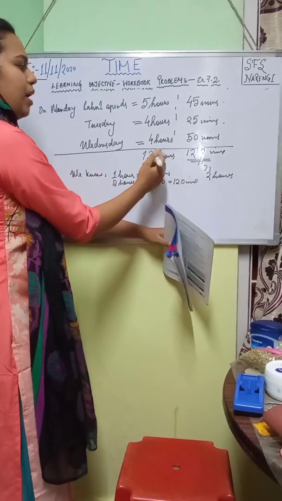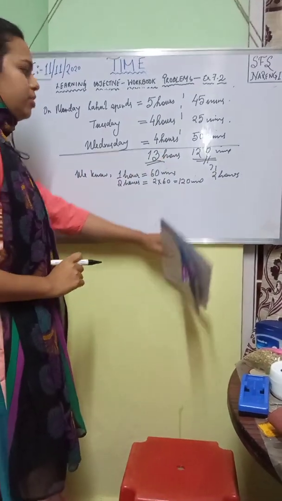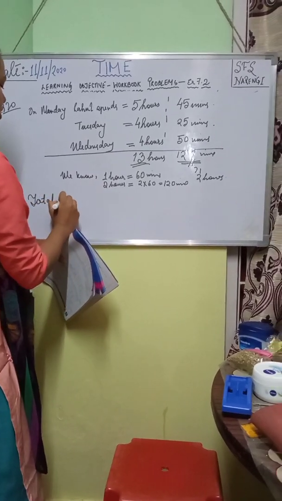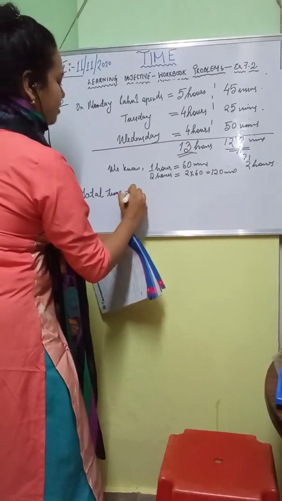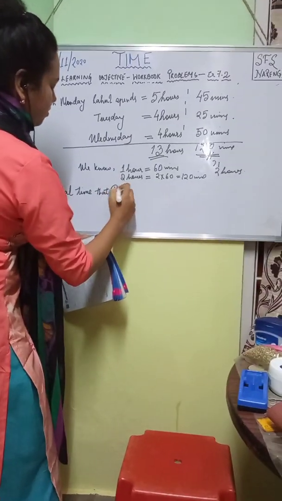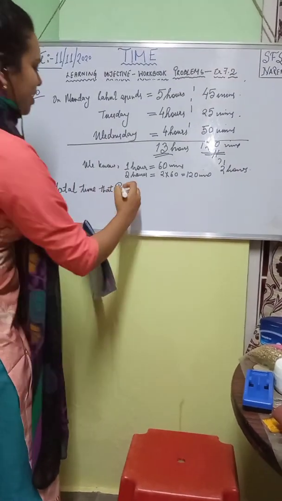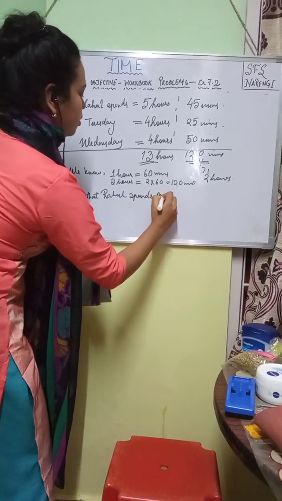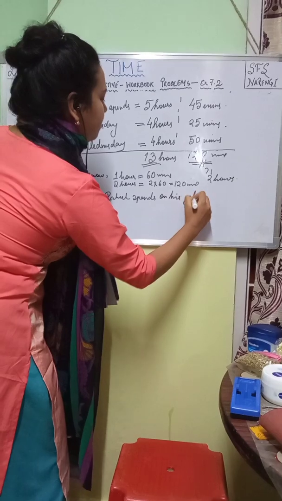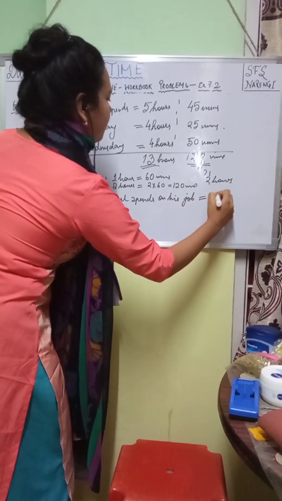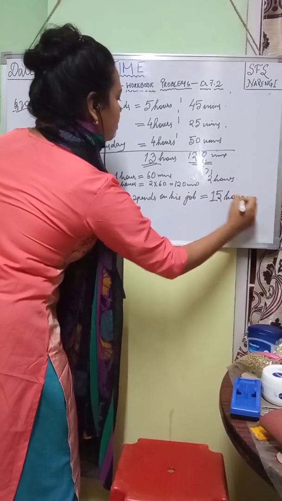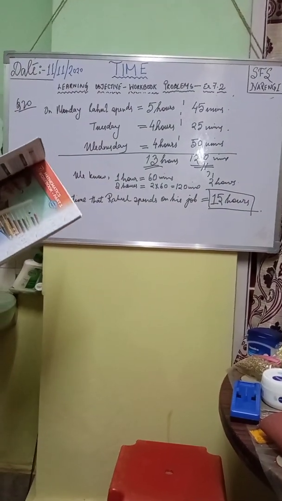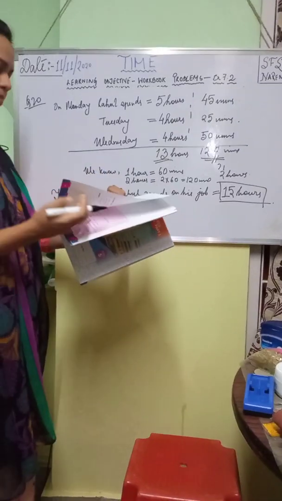You can add these 2 hours with your 13 hours. So the total time that Rahul spends on his job is equal to 15 hours. Okay. So what is your answer? Your answer is 15 hours.